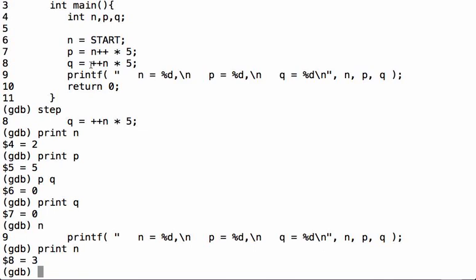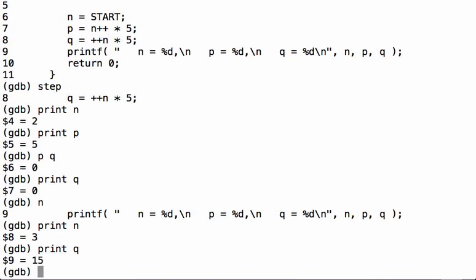Okay, so then the critical thing as far as figuring out what goes into q is what is the value of ++n. It turns out the value of ++n is the new value of n, which is 3. And so this will be 3 times 5 is 15, so q gets 15. And so you might think about that for a little bit, but let's check it out. Print q is 15. So make sure that makes sense to you. Why p got the value 5 and q got the value 15.